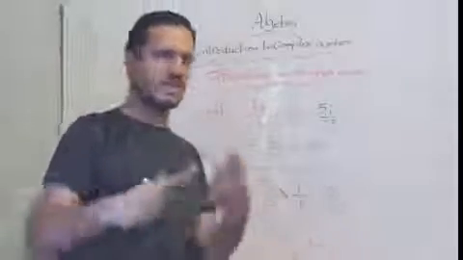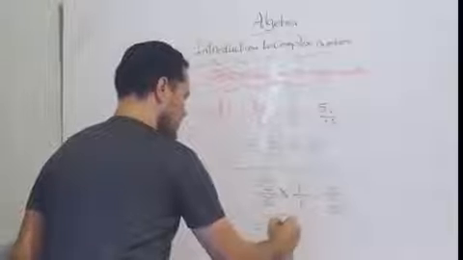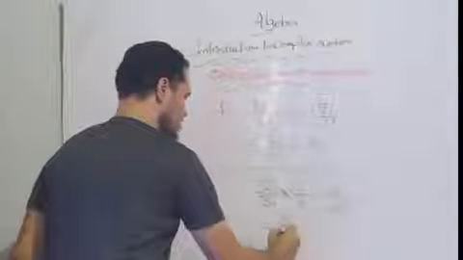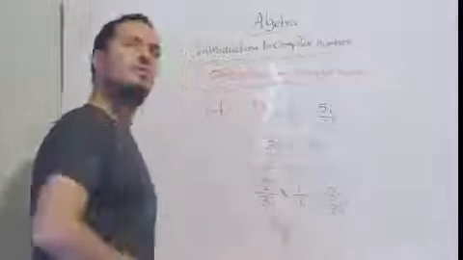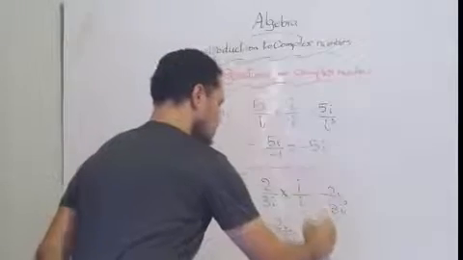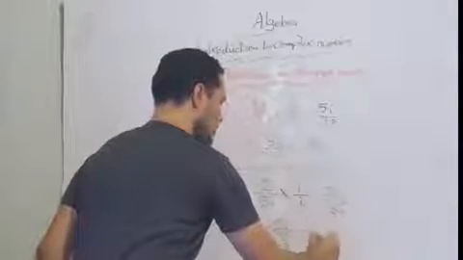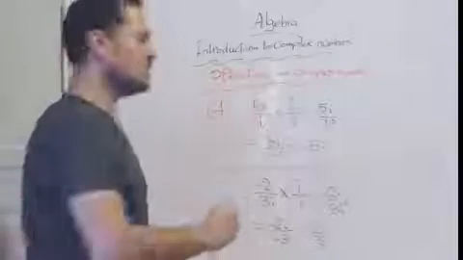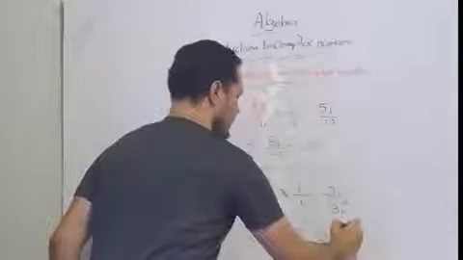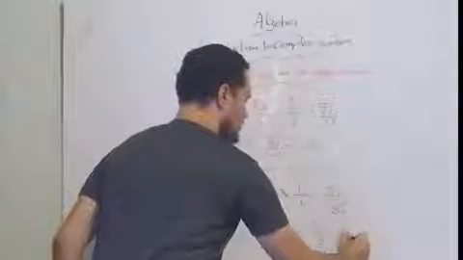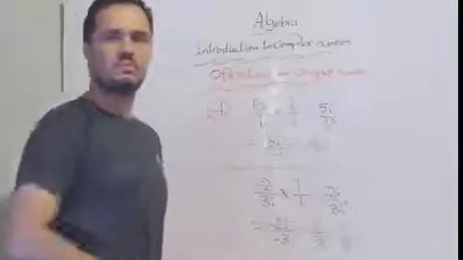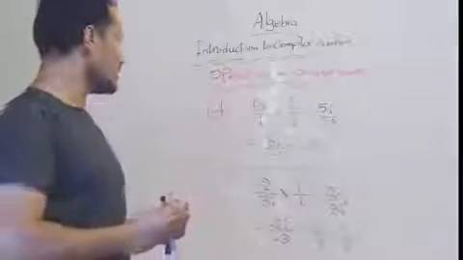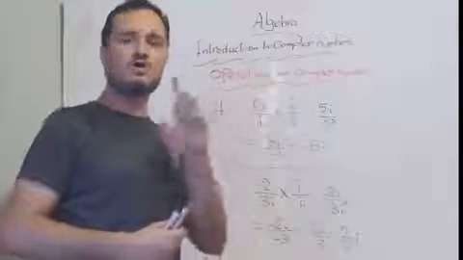What's the value of i power 2? It's negative 1, okay? So the value will be negative 2i over negative 3, or 2i over 3, or you may write it as 2 over 3i. They are the same. Okay?